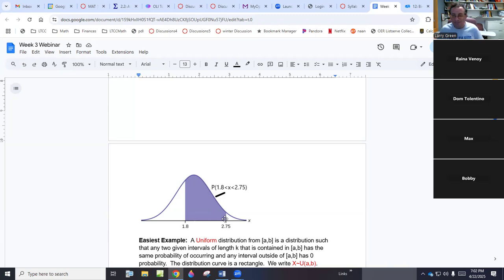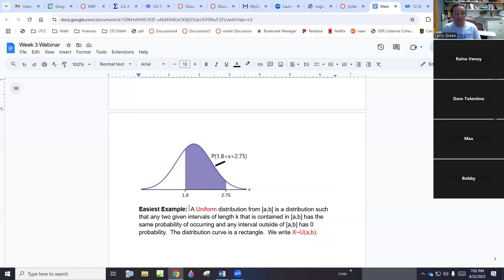Let me just put it this way. Let's suppose this is a standard normal distribution. If you do know how to find it, that means you've already taken statistics. And if you know how to find it by hand, that means you're a math major. So it's very difficult, by the way. So what we're going to be doing today is we're not going to do this example. We're going to do the easiest example, and that is the uniform distribution.